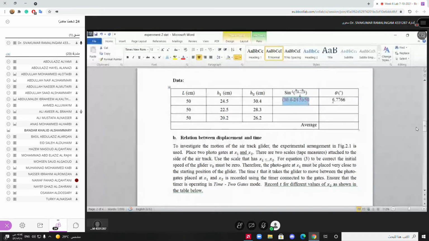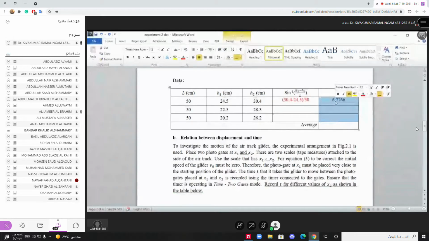If I find the sine inverse of this value, it is equal to 6.7766. Theta I can write even to 4 decimal accuracy. Because I'm not going to draw the graph using this, you can maintain any decimal accuracy for theta. Then repeat this calculation for the second row and third row also. Now how many thetas we have? 3 thetas.